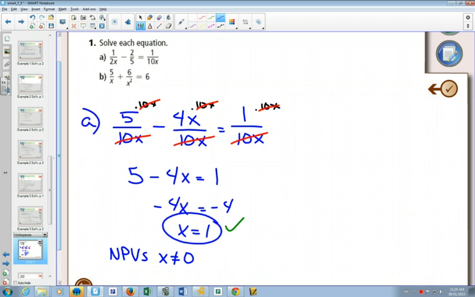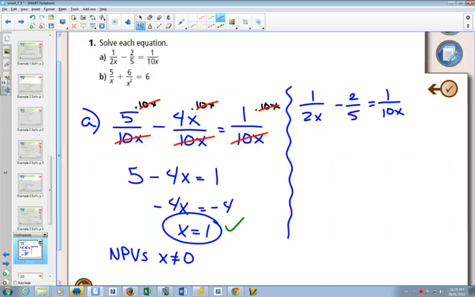Now, if we did this same equation by just canceling out fractions as we see them. Some of you might say, I want to cancel out the 10x first. That would cancel out everything. Most people, though, when they're canceling out fractions, they just go to the first fraction they see, and they say, I want to get rid of that one first.